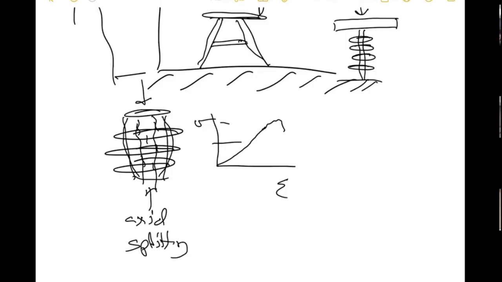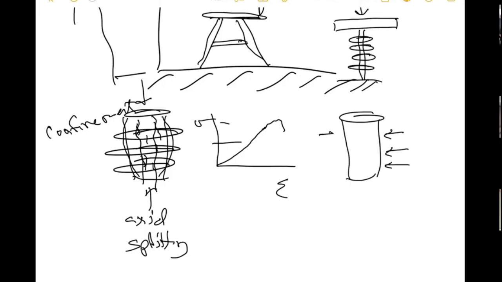And so if you put bands around it, we call this confinement. If you increase the confinement, you end up increasing the strength. You make it harder for these cracks to form. And instead of steel bands, think of somehow putting a pressure on there.